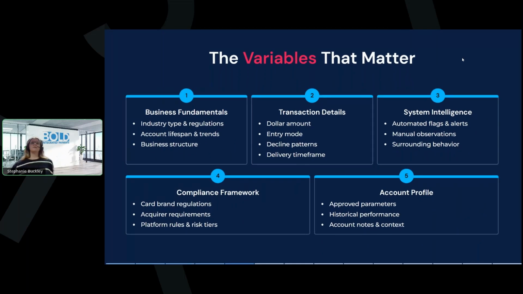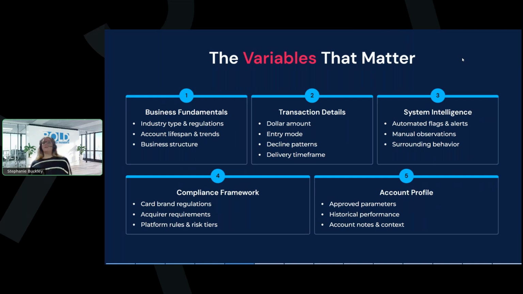So, variables that matter. This is broken down into categories, but the long and short of it is basically any piece of information that has to do with an account, an industry, regulations with the card brands, the processors, or just the information within the transaction. All of these are considered when going through a risk review.